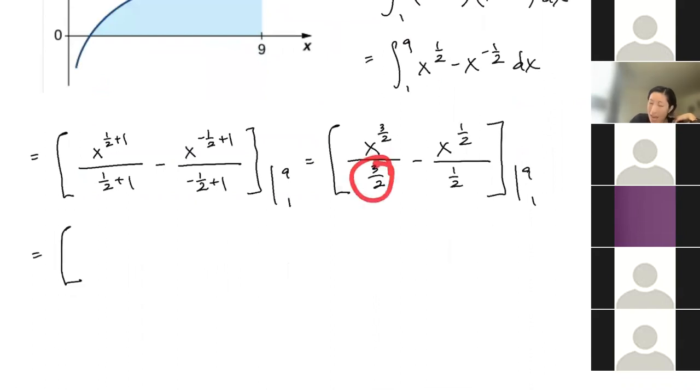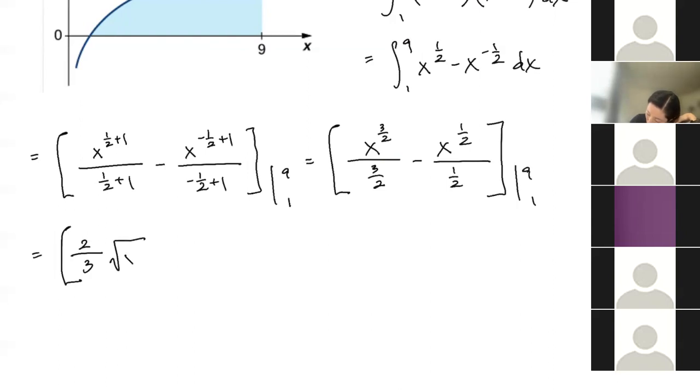All right, we're gonna do one more thing before we plug in our numbers. If I have 3/2 on the bottom, it is the same as having 2/3. How do I write x to the 3/2 as a radical? Square root of x cubed, excellent.